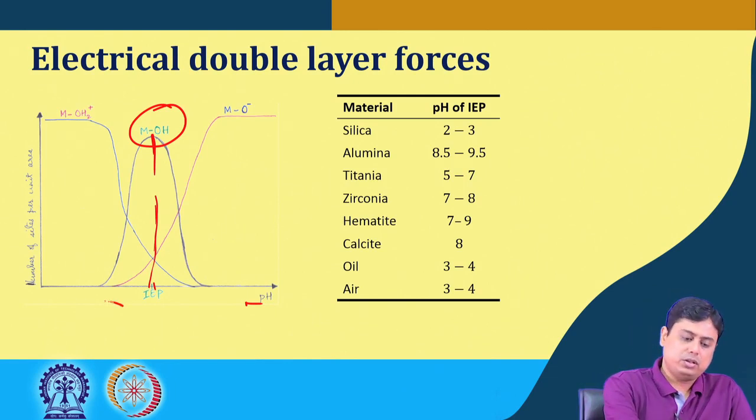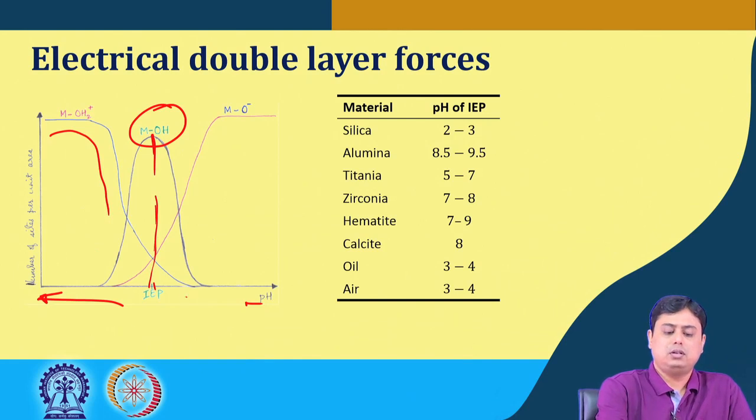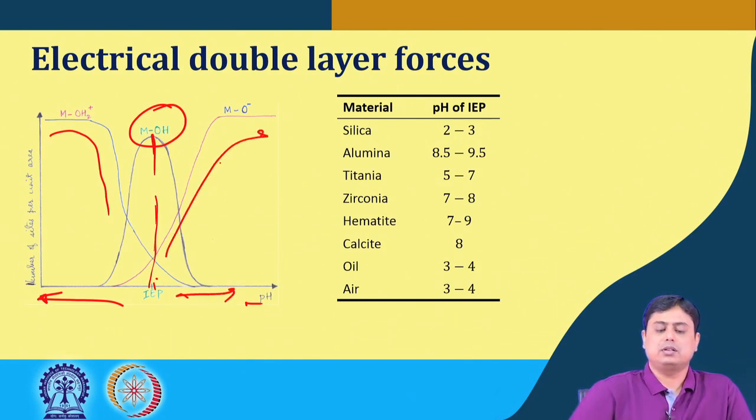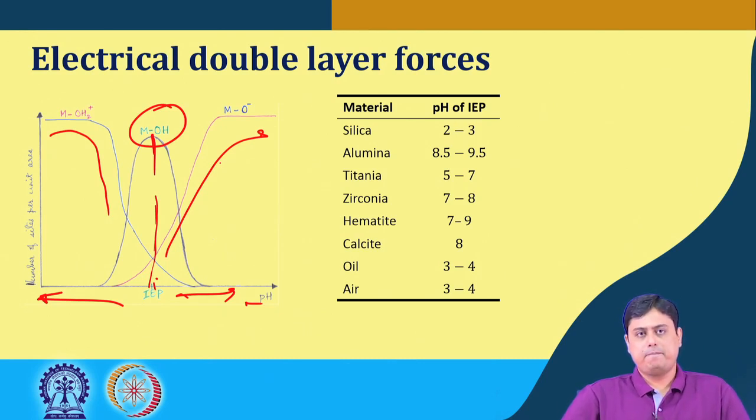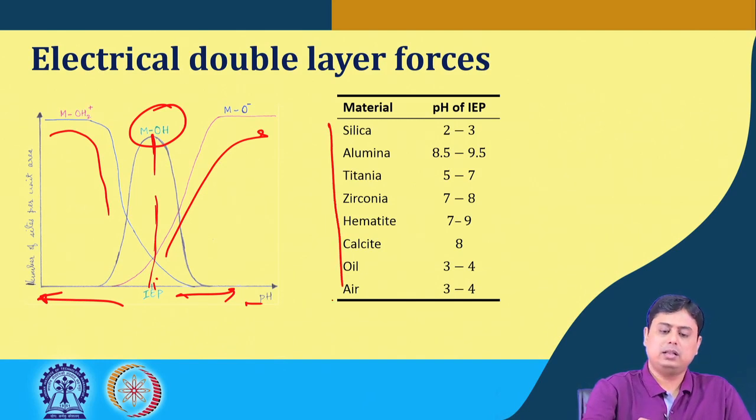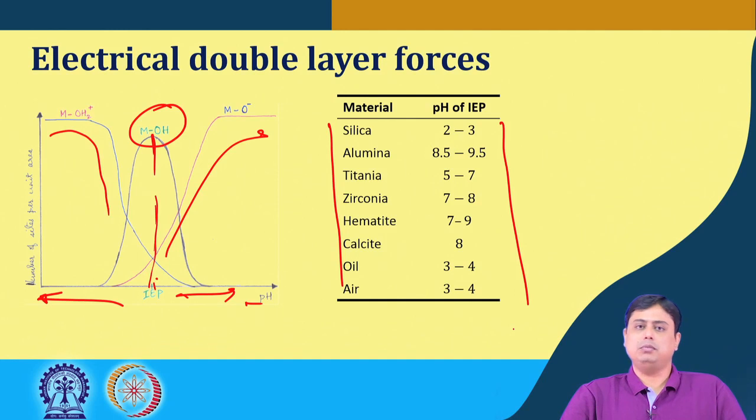At a lower pH than this, there is dominance of positively charged surface. Higher than that IEP, we have negatively charged surface. And these are the different materials and their approximate IEP values.